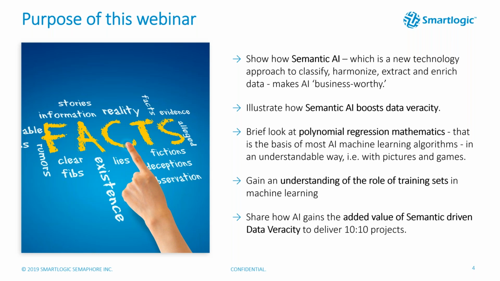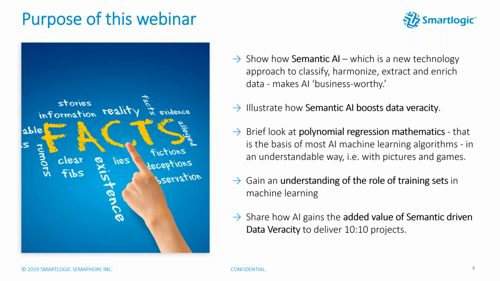I'm going to attempt to take you through a look at the polynomial regression mathematics, but I'm not going to do it by looking at formulas. We're going to do it with pictures and games on this webinar, because if we're considering what this machine learning is, we need to understand not the algorithms, but the process of getting the algorithms to work.